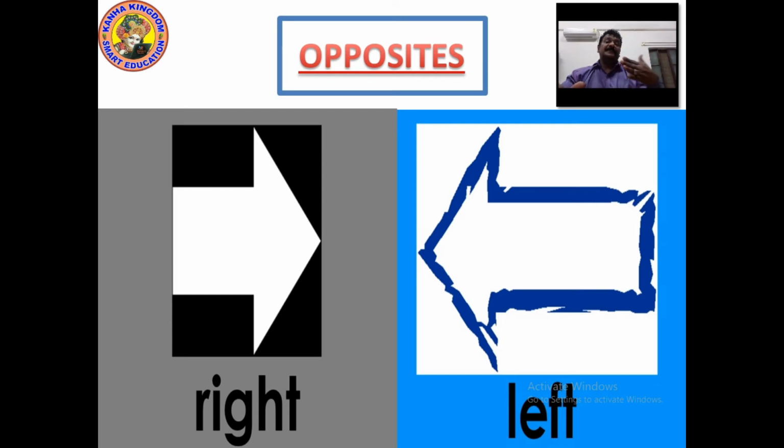Here, if you see at the sign marks, where the arrow is a sign of left, then you write left. Right, left, right, wrong. These are the two opposites of right. Okay, please write it down.